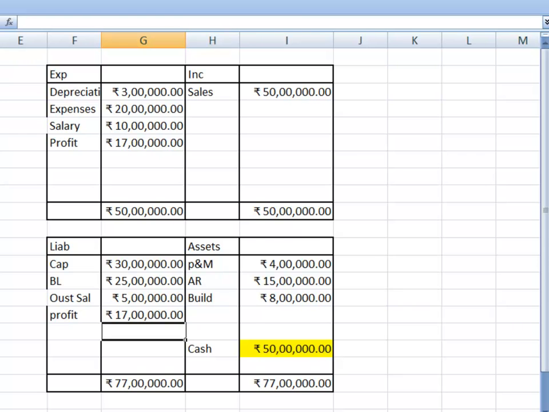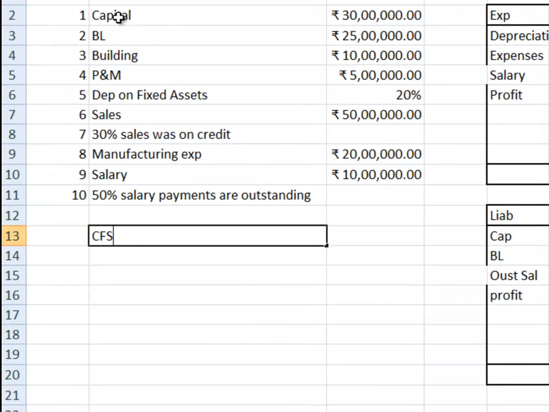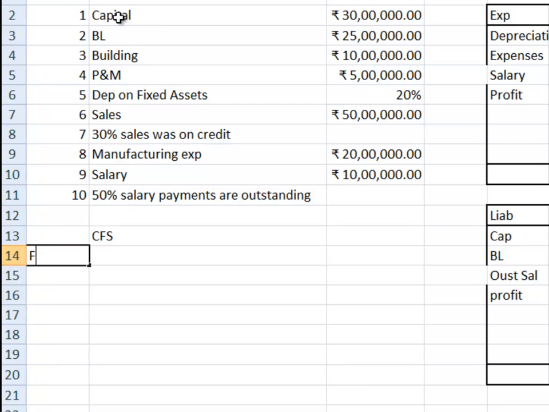So now once we have balance sheet and profit and loss account, we can prepare our cash flow statement. Again, 3 parts: cash flow from operations, cash flow from investments, cash flow from financing activities.